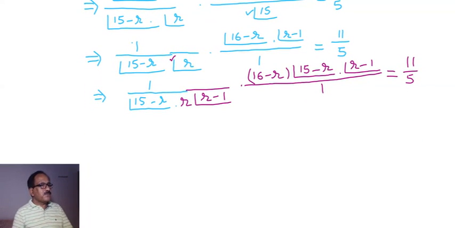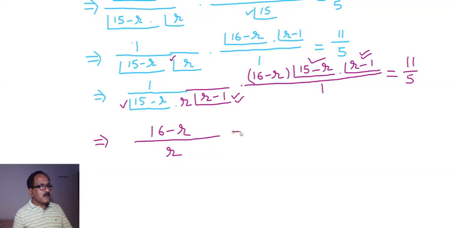See here, this factorial 15 minus R and this in denominator 15 minus R will be divided, and same factorial R minus 1 and this factorial R minus 1 will be divided. Finally, you will have in numerator 16 minus R upon R is equal to 11 upon 5.